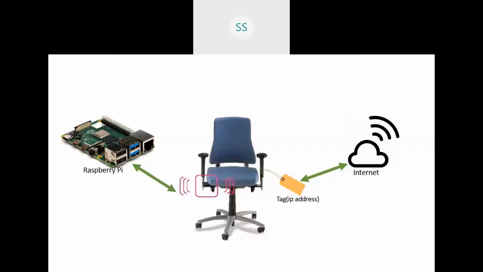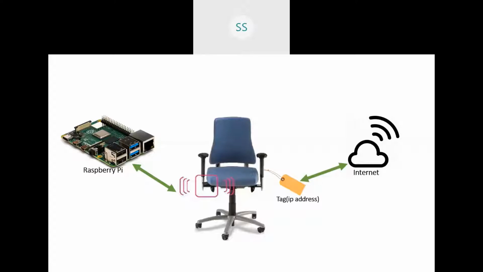What I need to do is put a tag on this chair, and that tag should be the IP address. Through this IP address, I can connect the chair to the internet. Now, if I just write the IP address on the chair, it will not work. I have to connect this chair with some device which has memory and a processing unit, and with that device I will put the IP address.